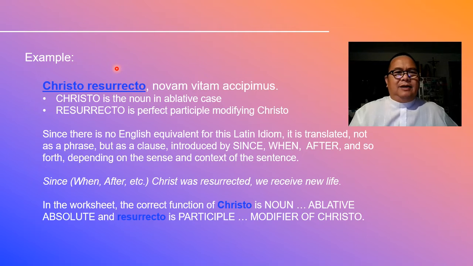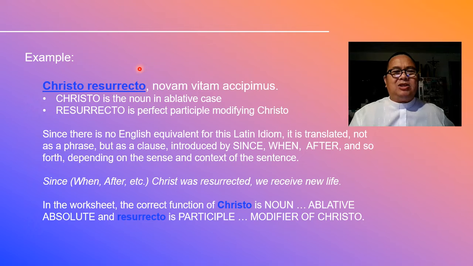Now, there is no equivalent of this idiomatic expression in English. So when you translate the ablative absolute to English, it is not translated as a phrase. An ablative absolute is a phrase when we look at it in Latin.